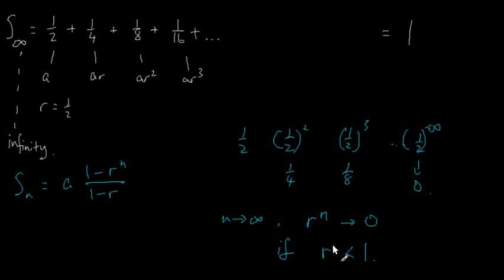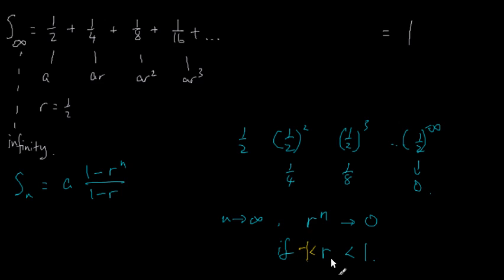So r must not just be less than 1. It's the numerical value of r that's less than 1. That means it's the number for r apart from the sign.